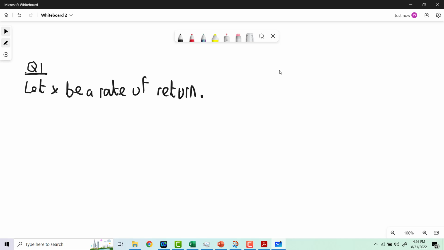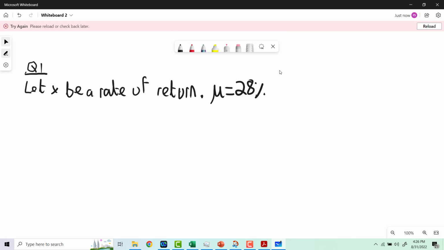So let X be a rate of return with a mean return of 28%. So if you invested in this, you would be incredibly rich, and a standard deviation of 3. In fact, if I had access to this, I would not be teaching this class. I would be on a beach somewhere. So we want to know, and this is going to be an annual rate of return, let's determine the probability.